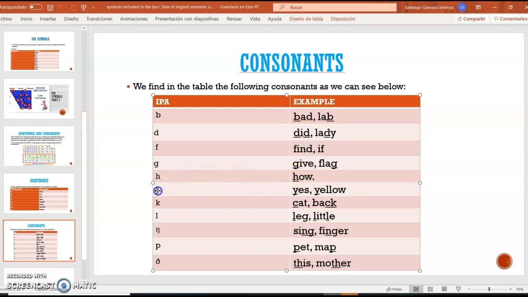How. Yes, yellow. Cat, back. All, leg, little. Sing, finger. Pet, map. Teach, this, this mother.